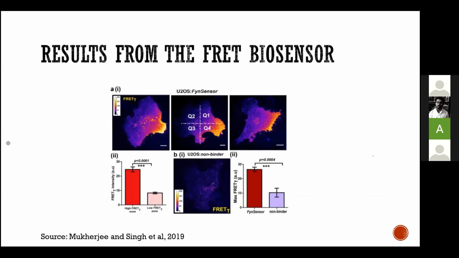Moving on, these were some results published in a previous paper. So coming back to Fyn again. As I said in the starting, Fyn was studied for its function in cell migration. So in figure A, you see that there is this yellow portion. It's the emission of EGFP, and it shows that while the cell is moving, you see the furrow and you see the cell sort of moving ahead.